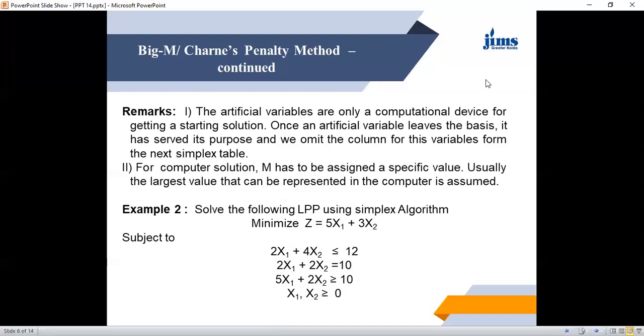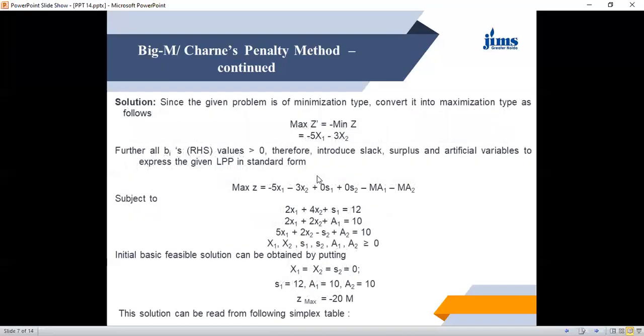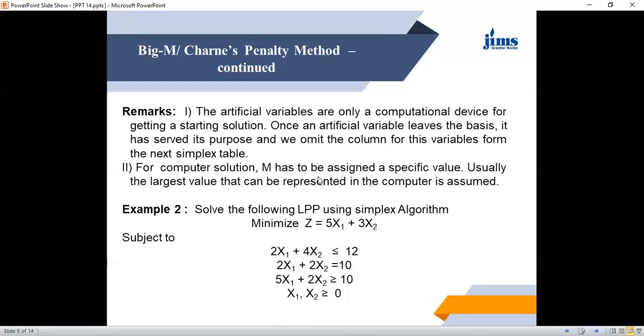So what do we do? Here also it is minimize z = 5x1 + 3x2. Because there are different kinds of constraints, less than type, equal to type, and greater than or equal to type, and we know that the solution of a maximization problem is easier, we convert this minimization problem into maximization.